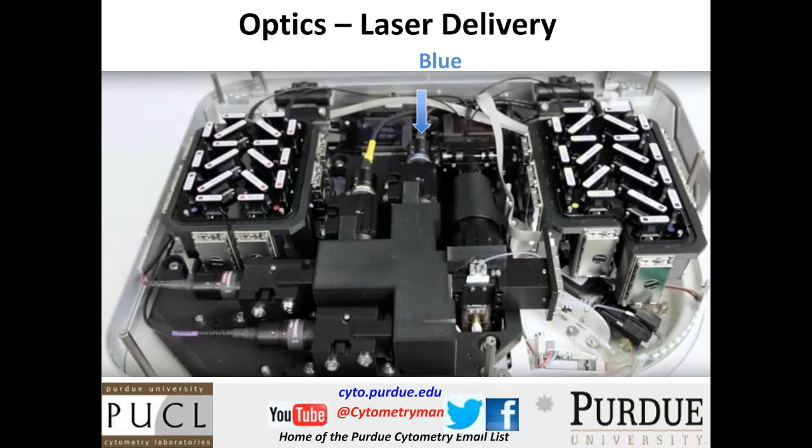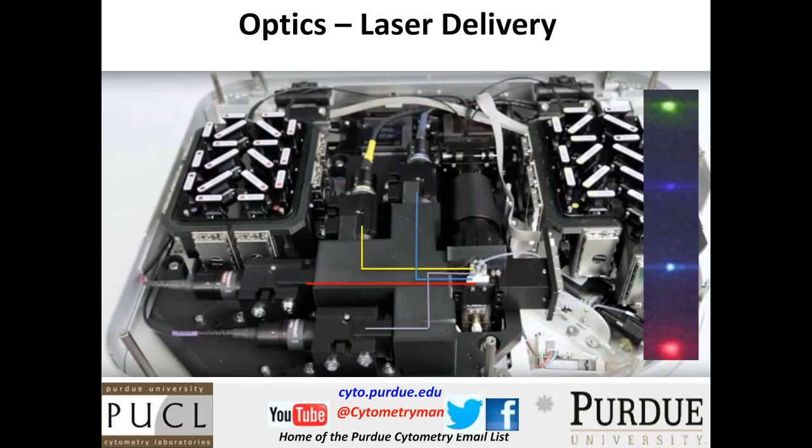You can have 3, 2, or 1. So the blue laser is generally in that position. The yellow or green laser is there. The red laser is over here. And the violet laser, or at least the laser we call the violet laser, it's a 405, sort of looks a little bit violet, is down in the front of the instrument.